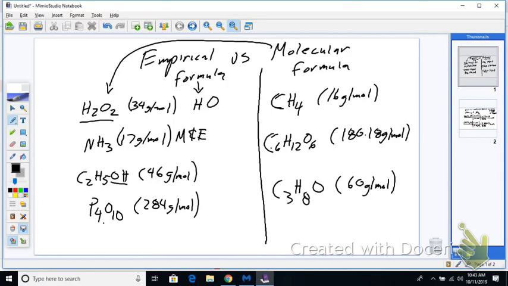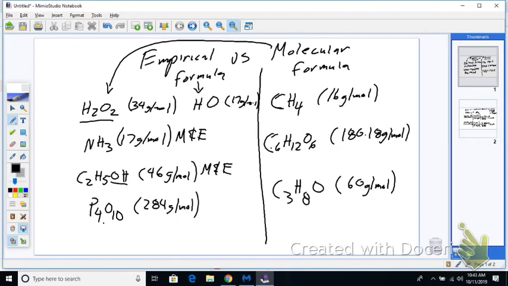Yes. What I'm going to do is write, to the side of this, the new molecular weight of the molecular formula. Okay. So these two are both molecular and empirical, so they're the same. Can I simplify this? Yeah.